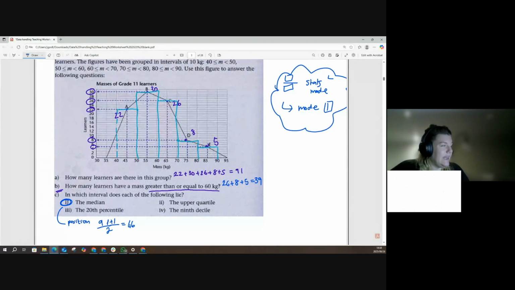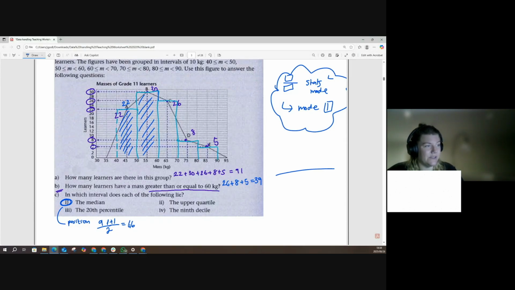In this first category, in the first of our histograms, we have 22 learners. And in our next one, we've got 30 learners. If I had to draw this as a little graph, in my 40 to 50 range, I've got 22, and in my 50 to 60 range, I've got 30.